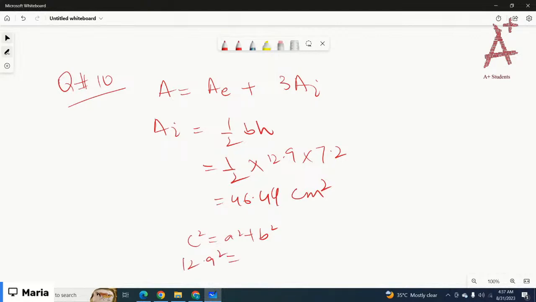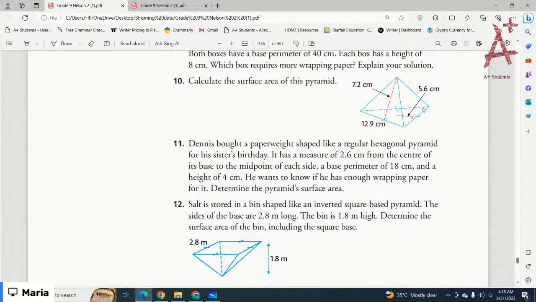So that would be 12.9 square equals a square minus, plus, it is not minus, 5.6 times 2 is 11.2, right? 5.6, hold on.